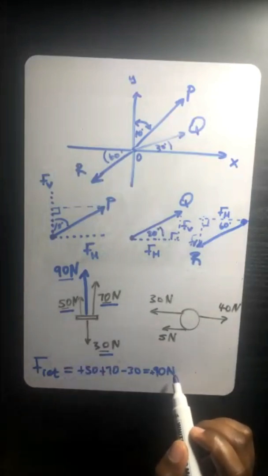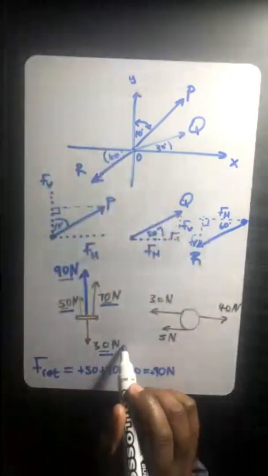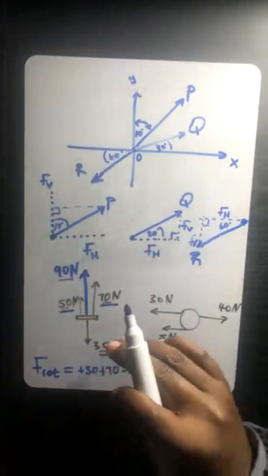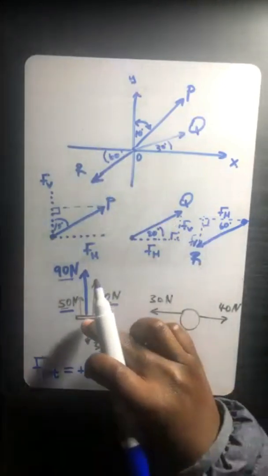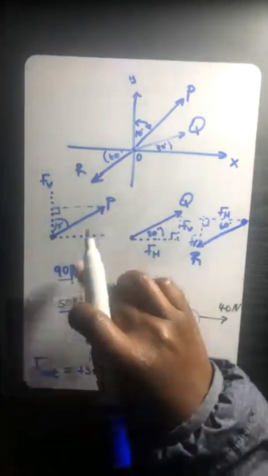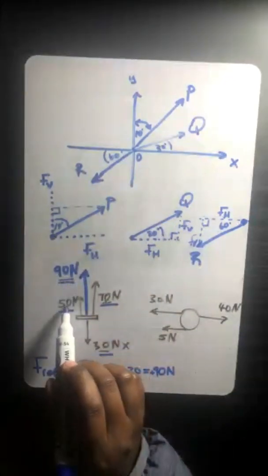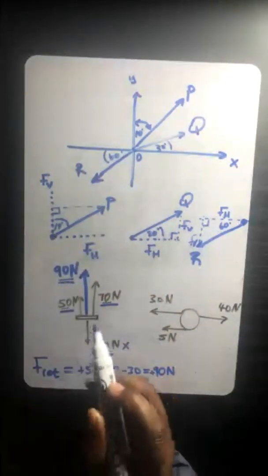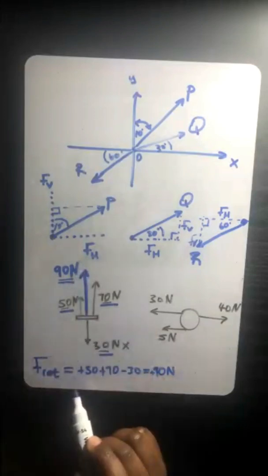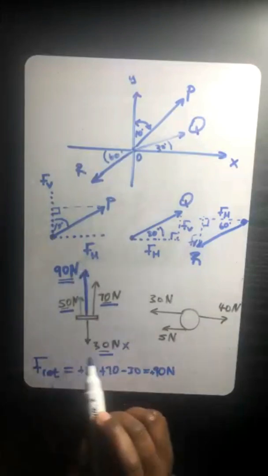So with these two pulling upwards and this one pulling downwards, this one is going to lose. But generally it's going to be moving upwards at 90 and not necessarily at 120, because this one is cancelling some of the upward force by that magnitude.